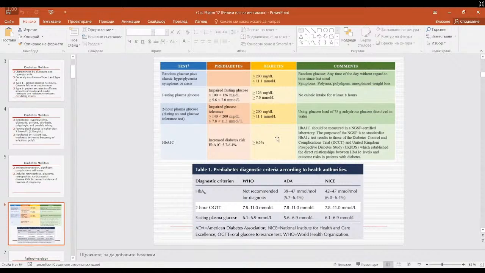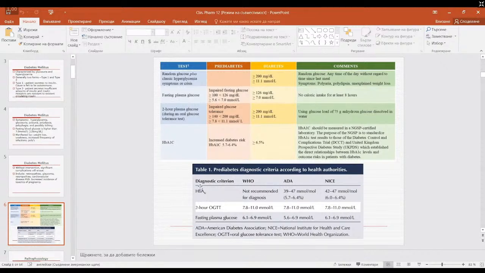Also, according to the American Diabetes Association and also NICE, as you know, the National Institute for Health and Care Excellence in the UK, they also use glycated hemoglobin to make a diagnosis of diabetes, but the WHO, or the World Health Organization, does not recommend the usage of glycated hemoglobin for diagnosis of diabetes.